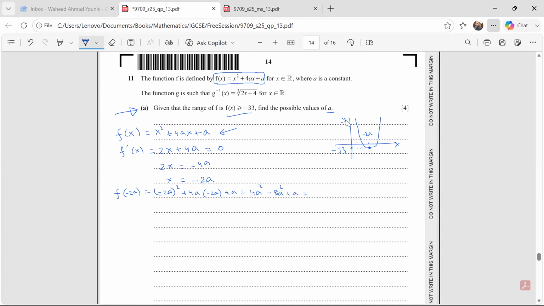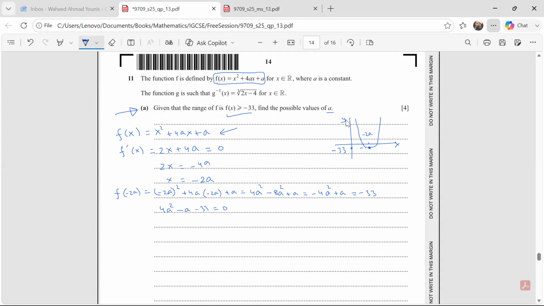So 4 minus 8 is minus 4a squared plus a, and this is equal to minus 33, because it is the value of the function at the lowest point. If I bring everything to the right, it is going to be 4a squared minus a minus 33 equal to 0.